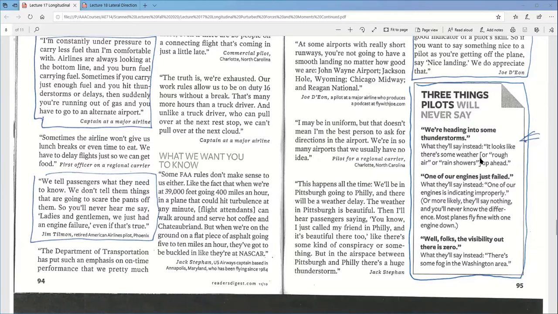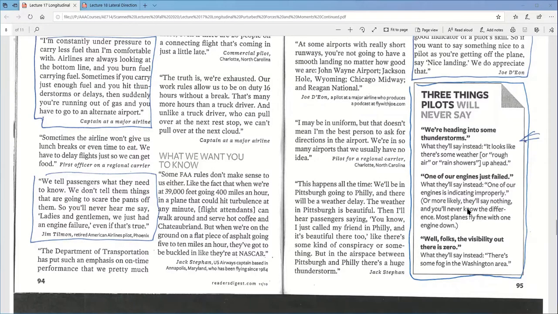Where's that? Right above you, cursor. Right here, where it says indicating improperly. More likely they'll say nothing because you're just going to fly just fine with one engine not working.